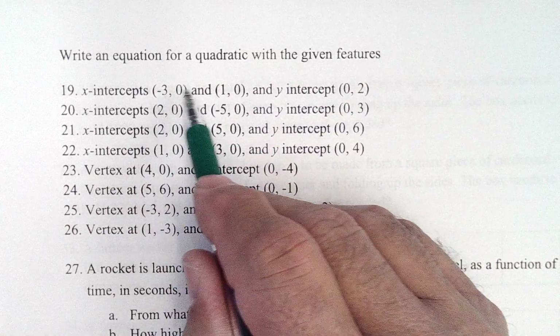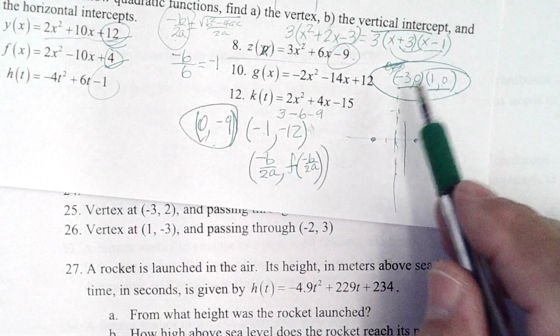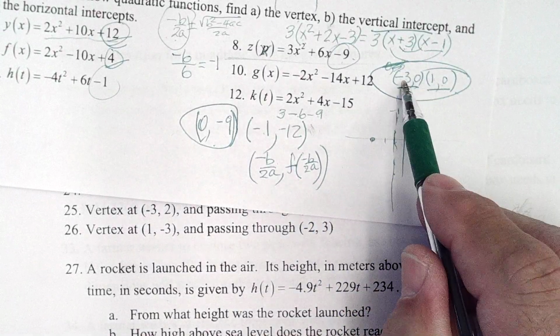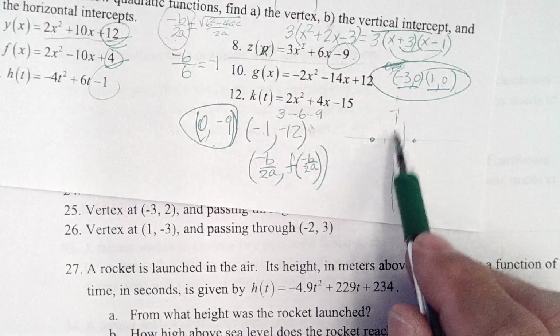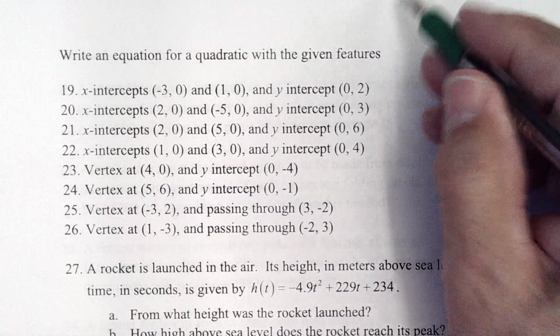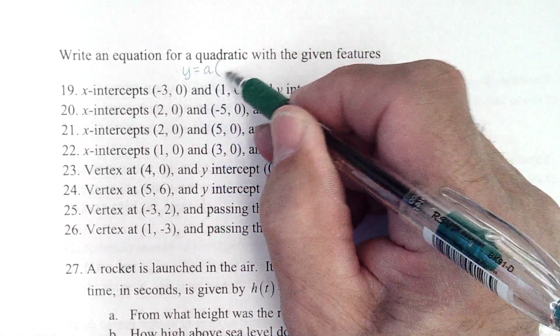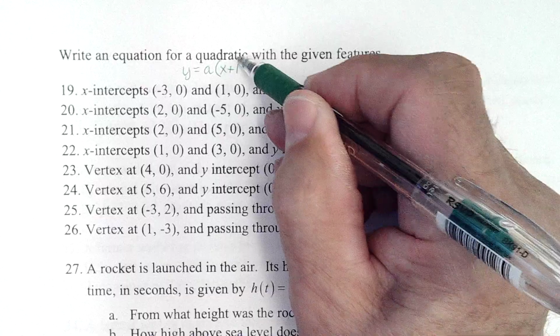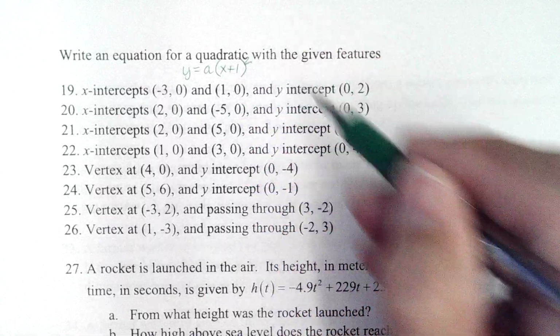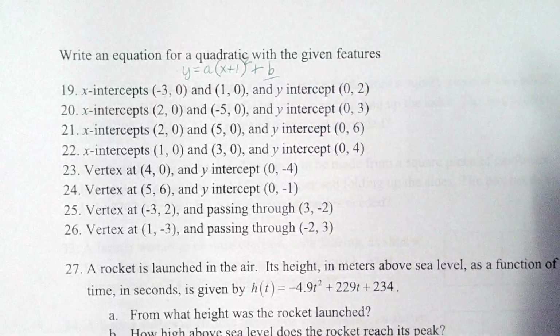If it goes through minus 3, 0, and 1, 0, kind of like this last problem did, then the center line's halfway between at minus 1. So we could say it looks like y equals a times x plus 1 to move it minus 1, squared, plus it's moved up or down something.